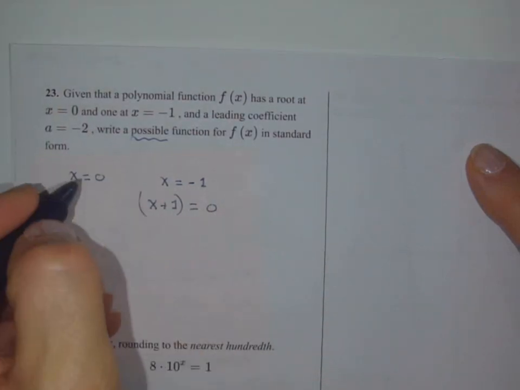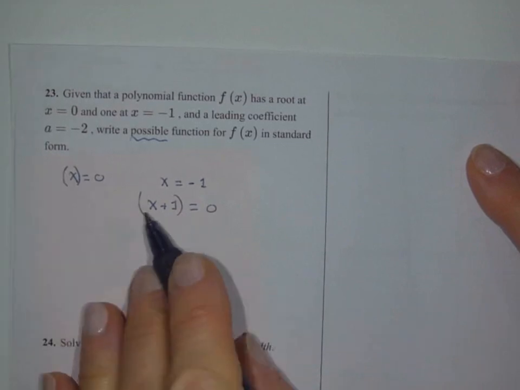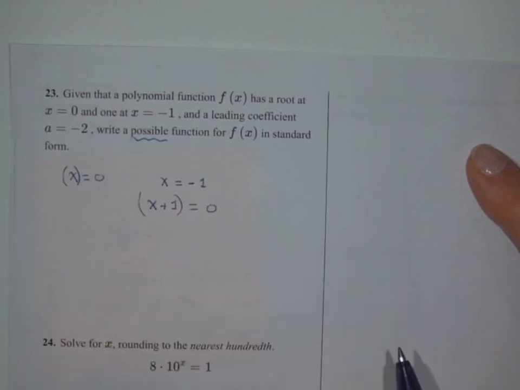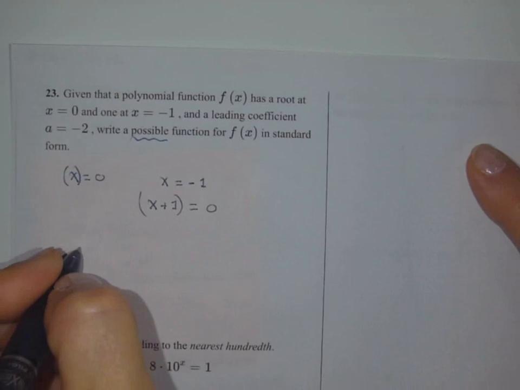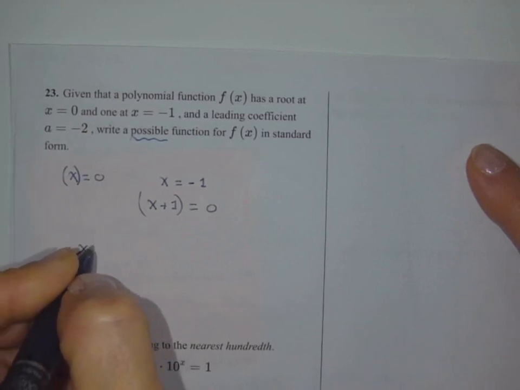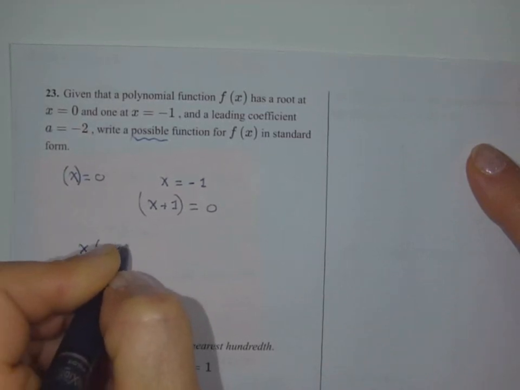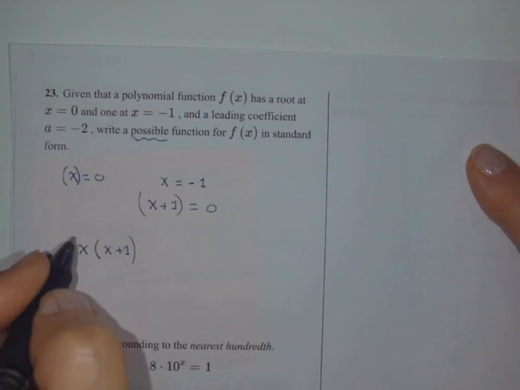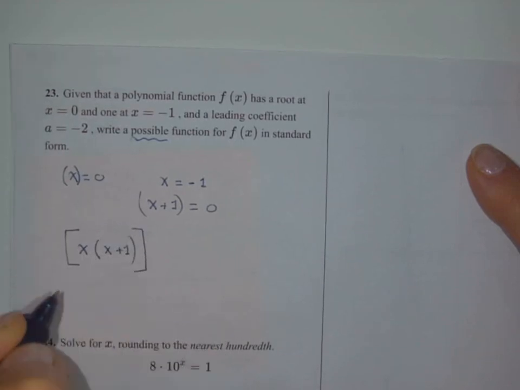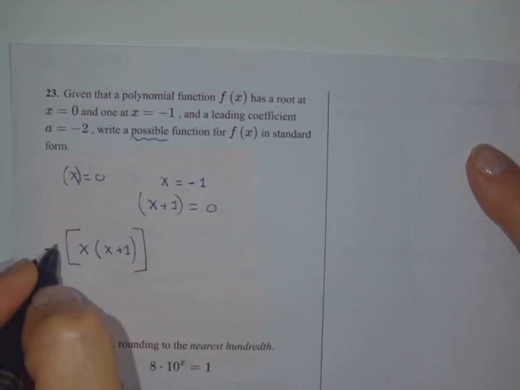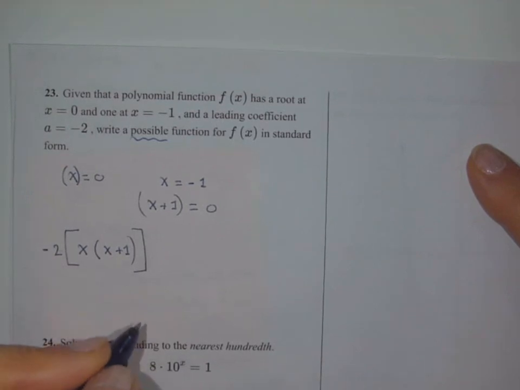So this one is already equal to 0, so this is my factor. And now I made this one equal to 0, this is my factor. So I'm going to have an x multiplied by an x plus 1, but I need all of that to have a leading coefficient of -2, okay? And that will be my f of x.